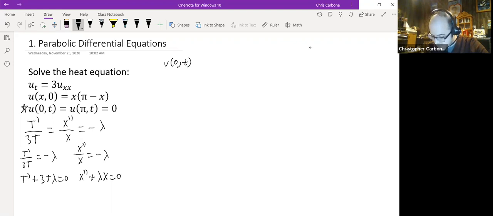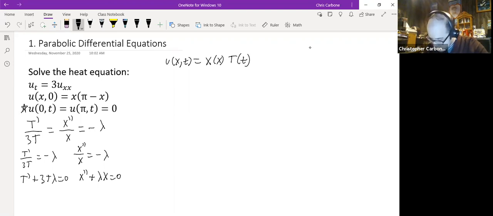Actually, before writing, I should note that this is based upon u of x comma t being equal to x of x times t of t. So, based upon that, that's why we got these.